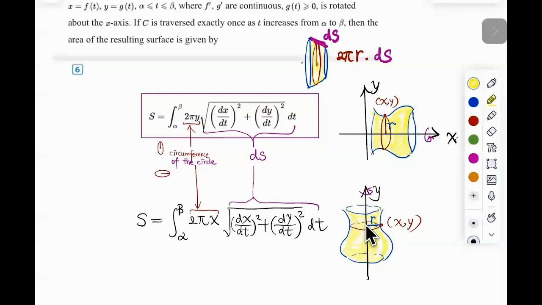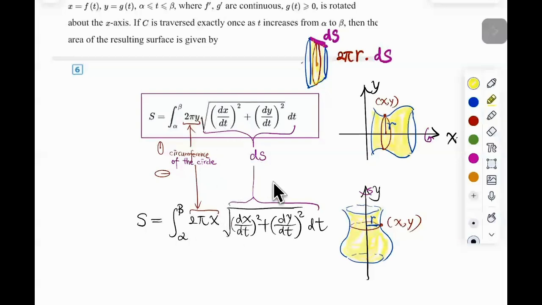What is the r in this case now? x. Yes, at that time the r corresponds to the x coordinate at this point, so 2 pi x, times the differential arc length. And the t here goes from alpha to beta. So that's the formula.